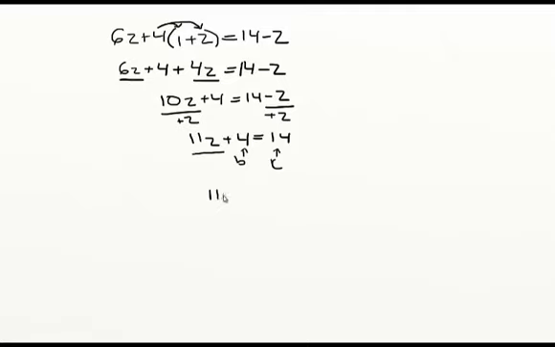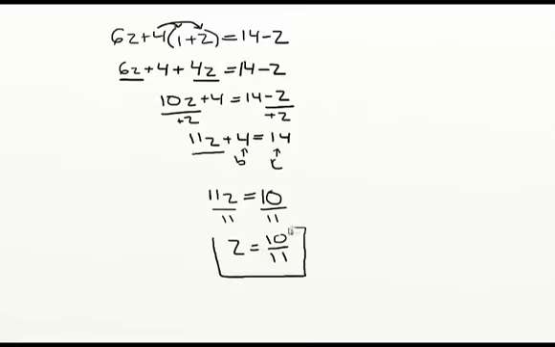So we'll get 11z, 4 minus 4 is 0, equals 14 minus 4, which is 10. Then we can divide by 11 on both sides, and we'll get z is equal to 10 over 11. And now we have our variable on one side and a number, a constant, on the other side, so we have solved this linear equation.